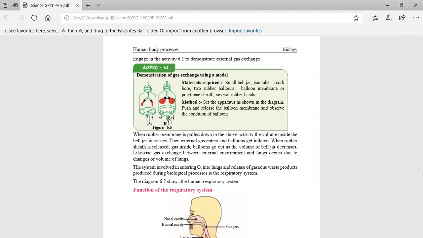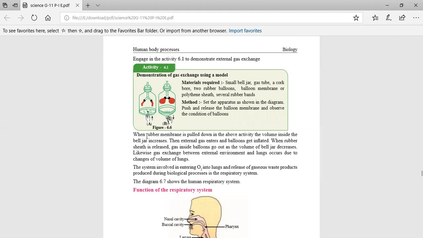We take a bottle as a thoracic cavity. Here, two lungs. Here, a balloon layer, that we know is the diaphragm. The balloon layer acts as the diaphragm layer.